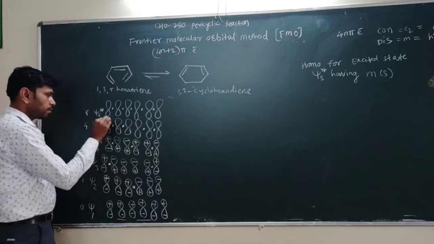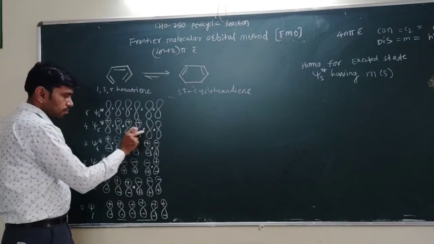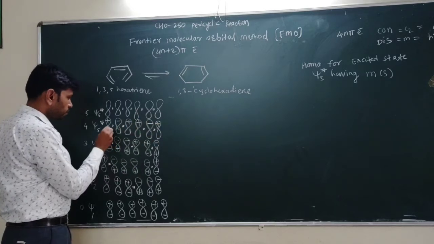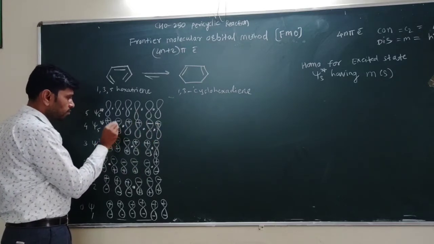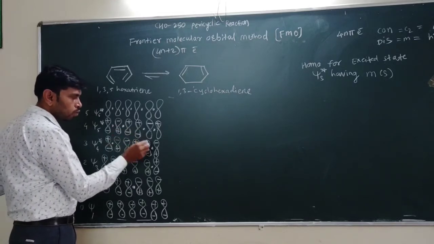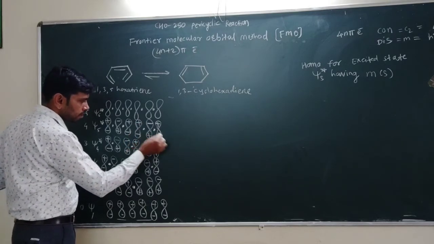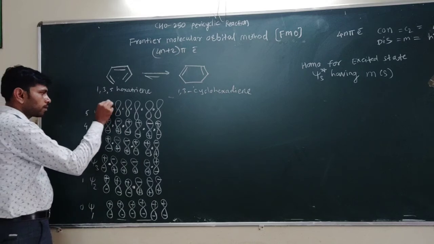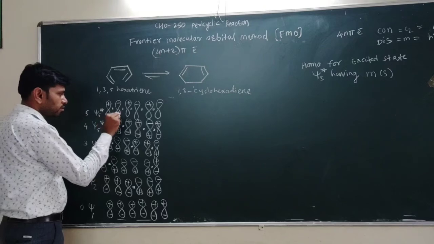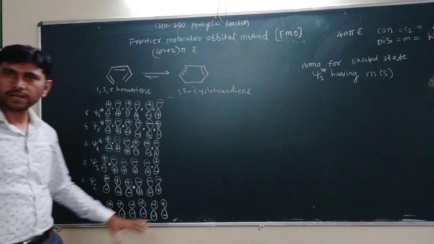After each node the sign alternates, and where there is no node the sign remains. So these are the nodes and signs we have drawn.